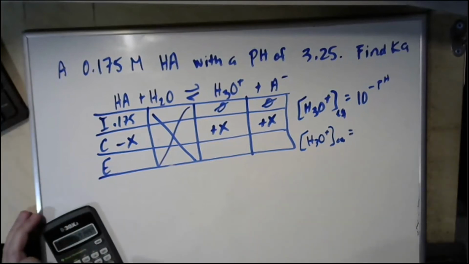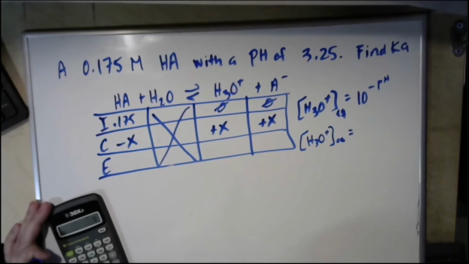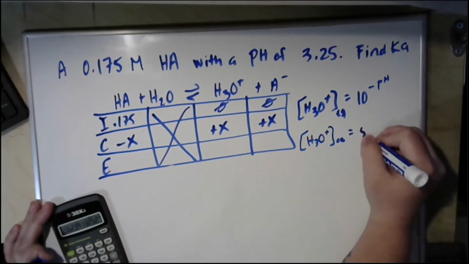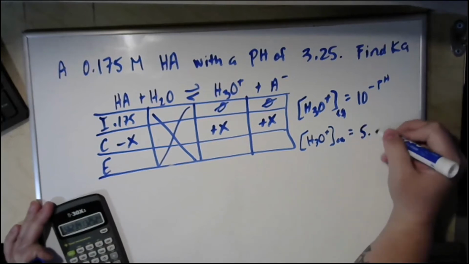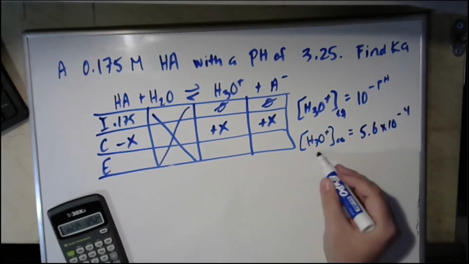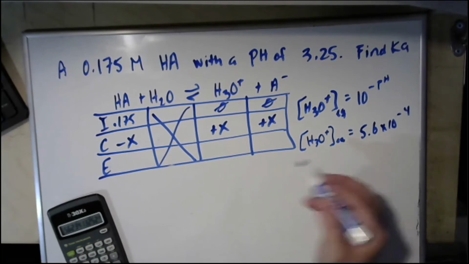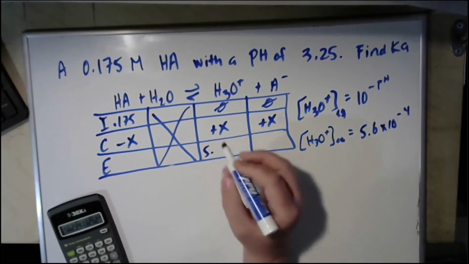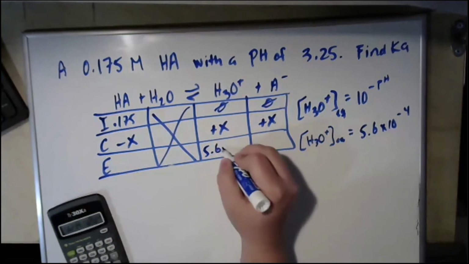So we have 5.6 times 10 to the negative 4. That's our equilibrium hydrogen ion concentration, so that is also our X value.